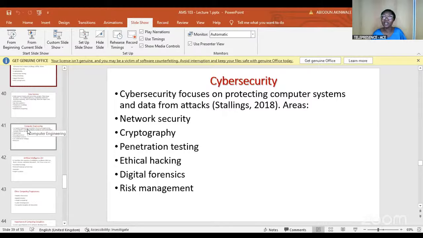Then penetration testing. With penetration testing, they want to see how strong and how formidable the network security of OAU is. They come in as white hat hackers and carry out some penetration tests to see whether it is formidable or whether there are some security challenges.